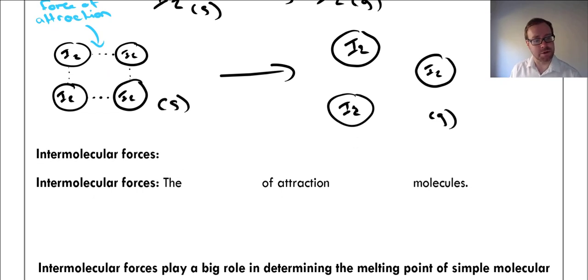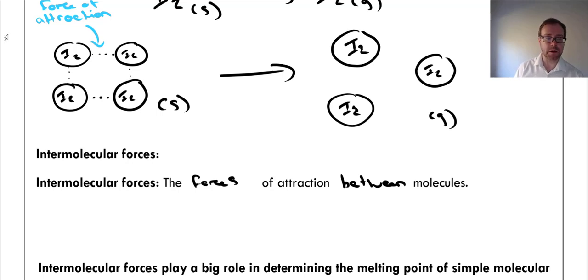Okay, that takes us on to intermolecular forces. So intermolecular forces, which we have been using, our definition is the forces of attraction between molecules. So this is my force of attraction between the molecules, so this is an intermolecular force.